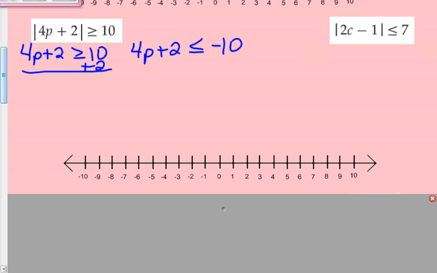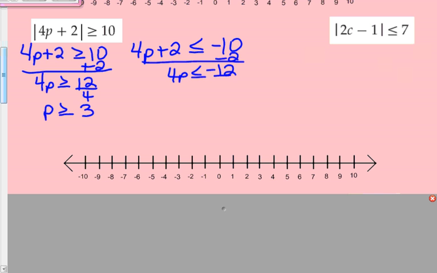Add 2 first, and we'll get 4p is greater than or equal to 12. Divide by 4, you get p is greater than or equal to 3. Subtract 2, we'll get 4p less than or equal to negative 12. Divide by 4, and you'll get p is less than or equal to negative 3.